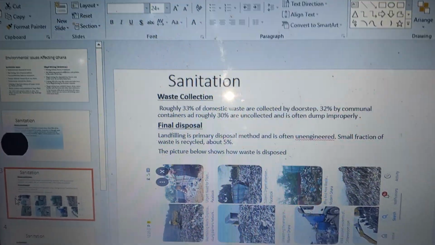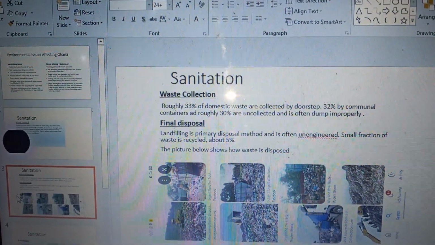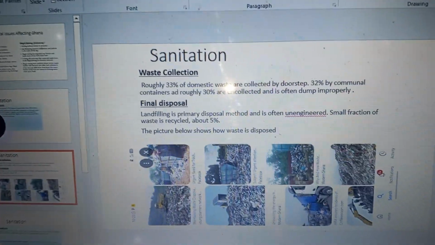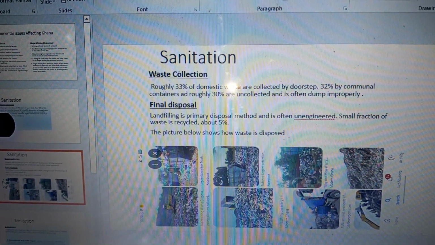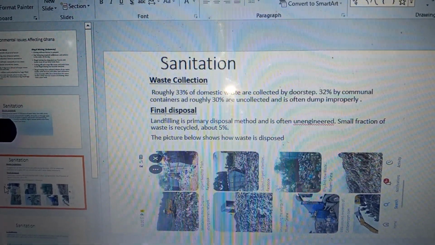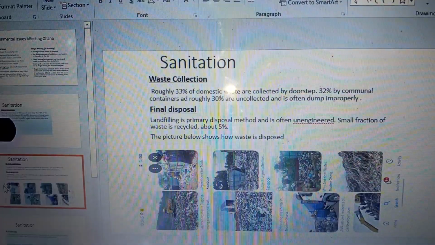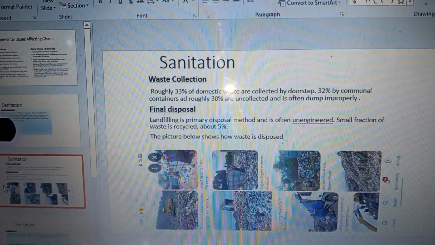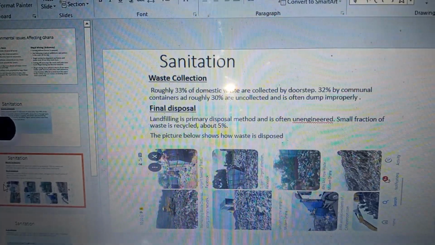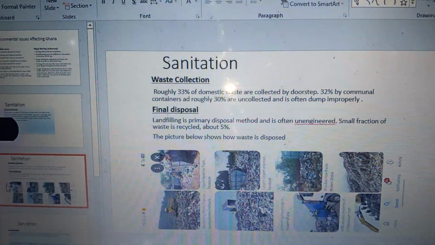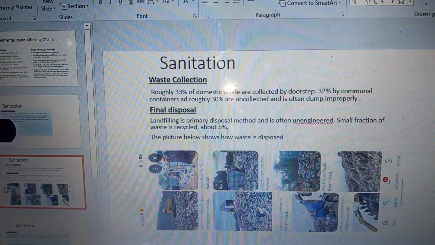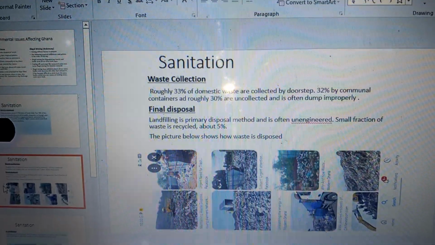The third slide talks about how waste is collected and the final disposal of waste. Waste is mostly collected door to door. About 33% of the domestic waste is collected by doorstep collection point vendors, and 32% is by the use of communal containers.